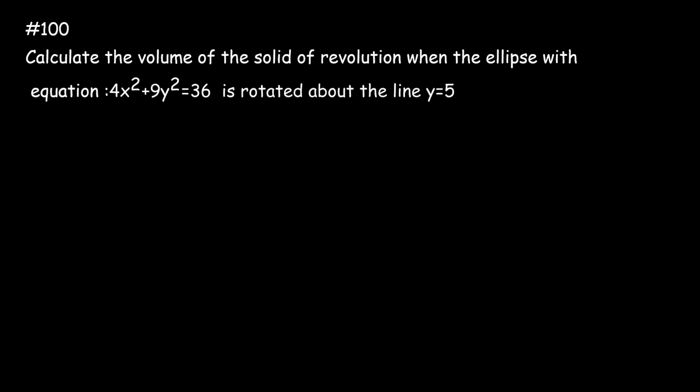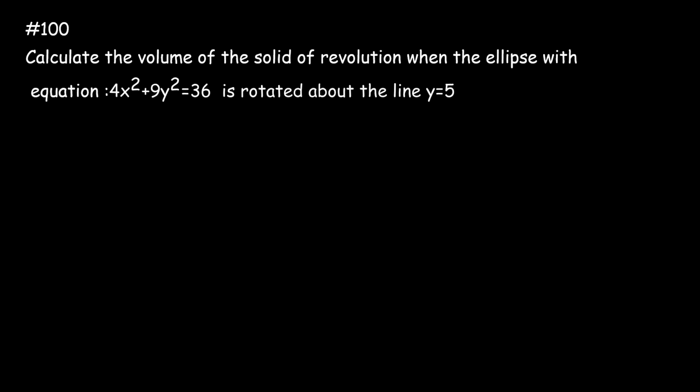Which says we should calculate the volume of the solid of revolution when the ellipse with equation 4x squared plus 9y squared is equal to 36 is rotated about the line y equal to 5. Okay, this is about a line, so we need to be able to visualize this as well.